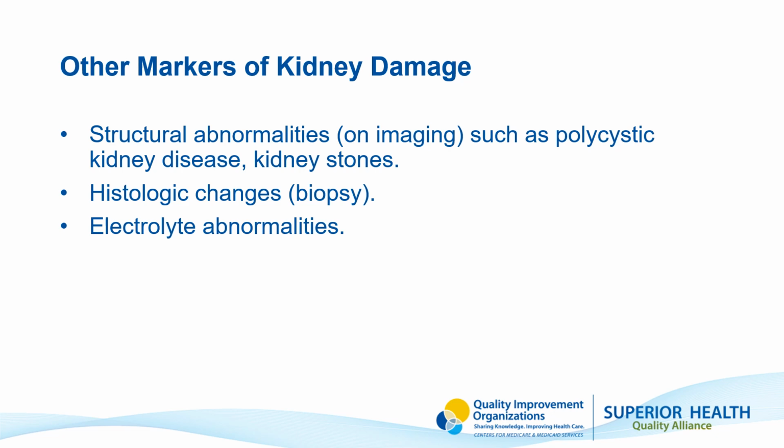Here are other markers of kidney damage: structural abnormalities on imaging, such as ultrasound. There may be structural damage such as polycystic kidney disease or kidney stones. Histological changes by biopsy. Electrolyte abnormalities.